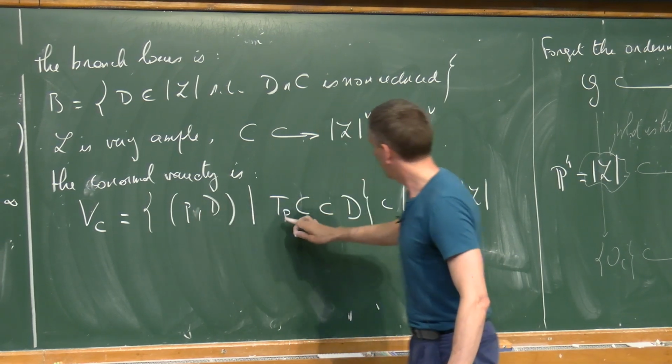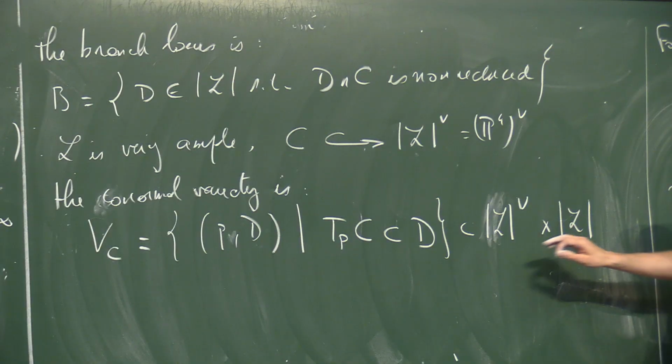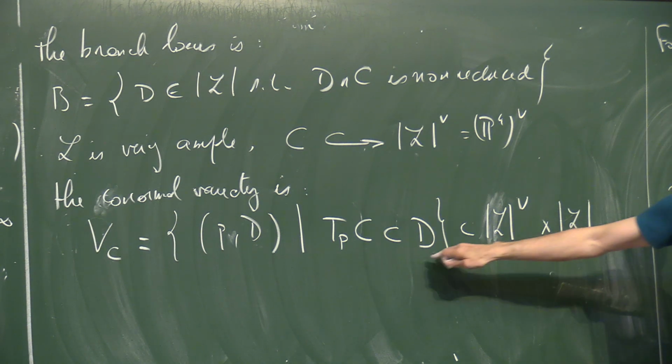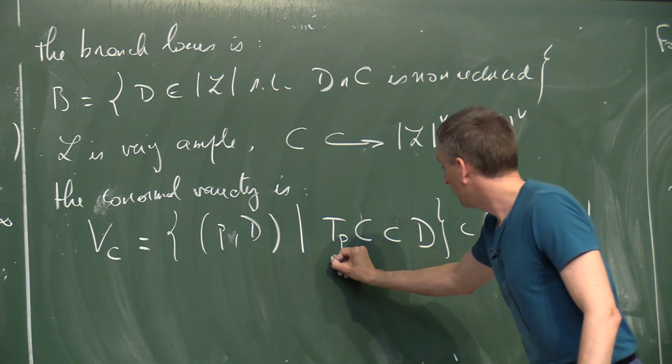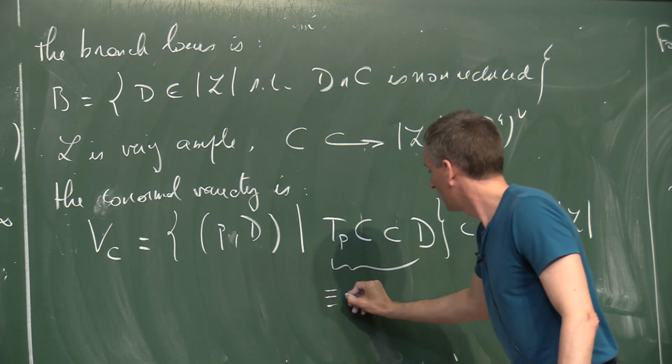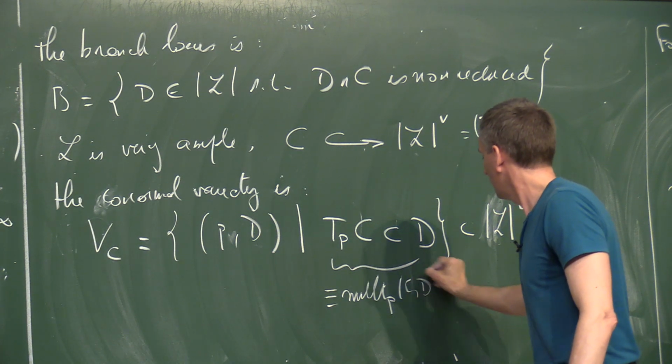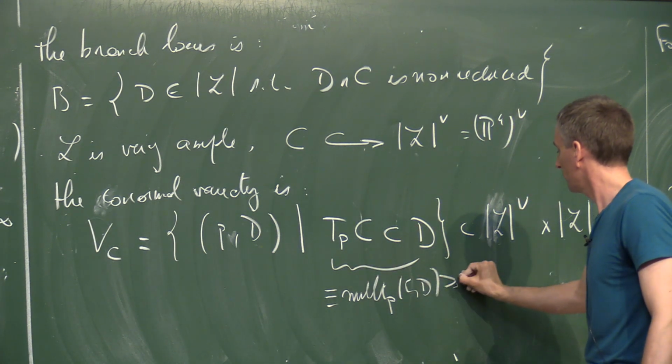So what does it mean? In this embedding, a cubic is a hyperplane section. So what I mean is that this line is contained in a hyperplane. And this condition means exactly that the multiplicity of intersection of C and D is greater or equal to 2.